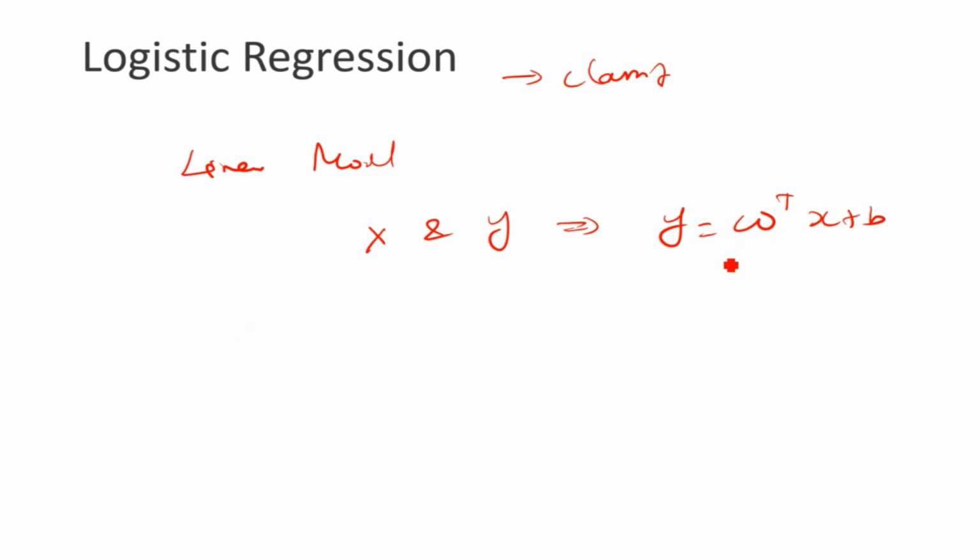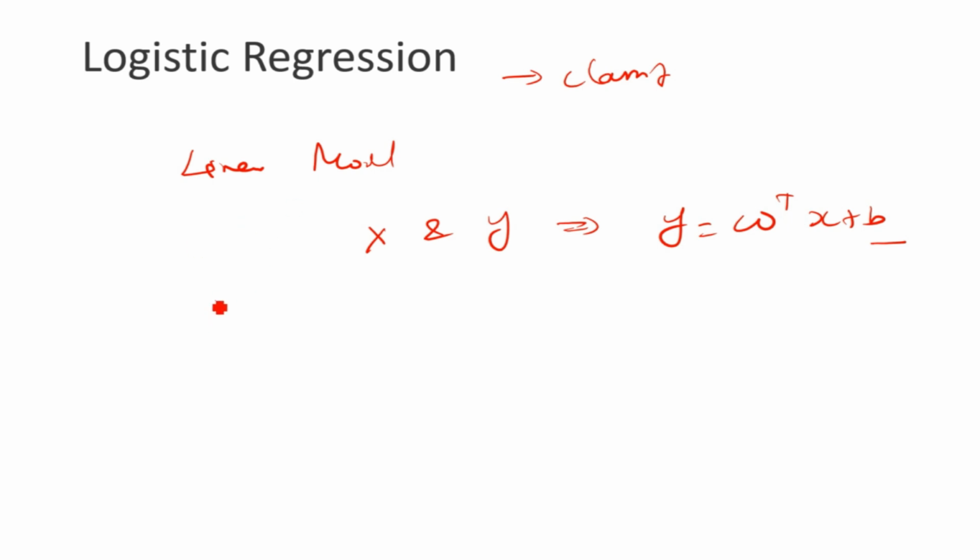And here this w represents the weight, or you can also specify it as the coefficient of the feature, and the b is the bias term. This model works well for regression problems, but in classification, we need our output to be constrained between 0 and 1, representing the probability of belonging to a particular class.